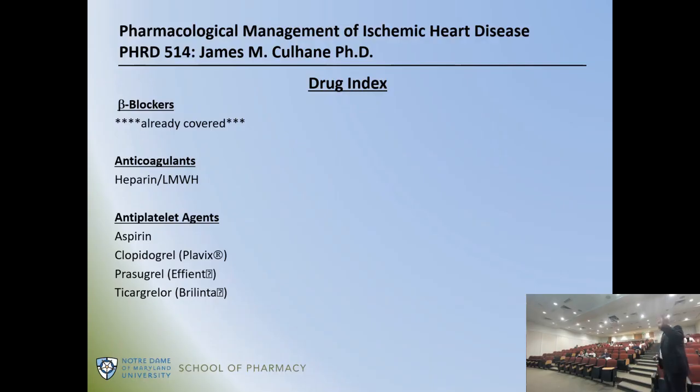So we'll touch on that very briefly and get the very basics, and then we'll move away from it. We're going to spend much more time talking about antiplatelet agents, and I'm going to explain why. We cover one more heavily here than the other, and it's related to ischemic heart disease and some of the disease processes that are going on.